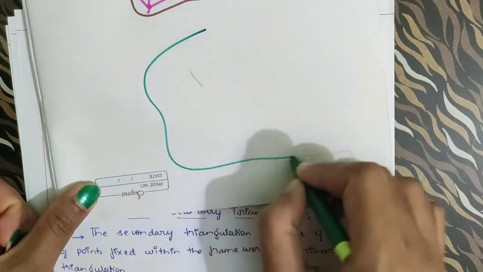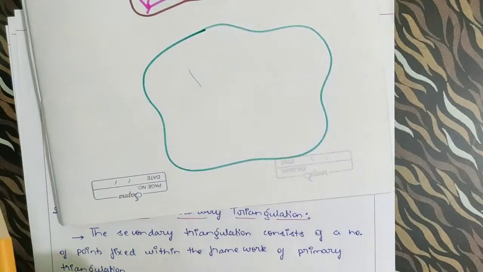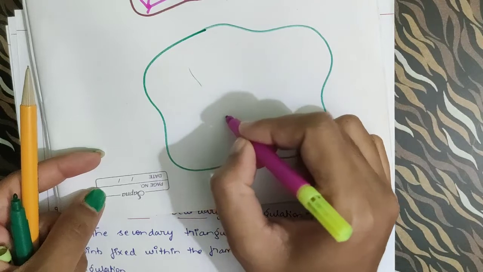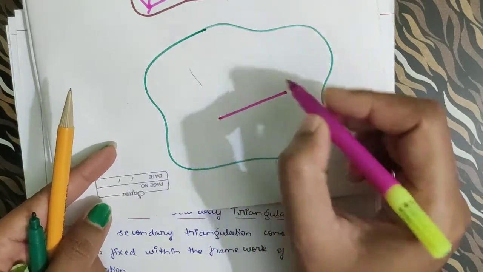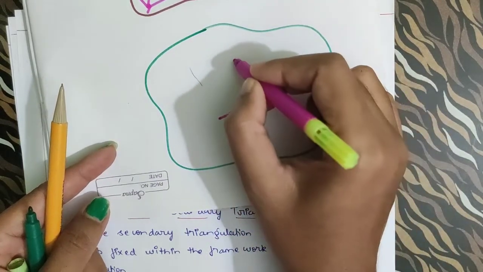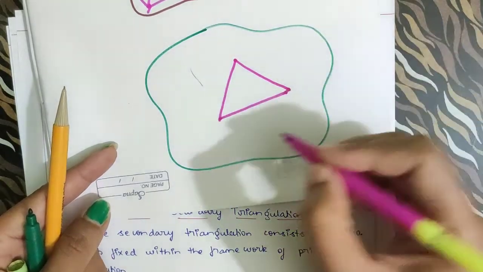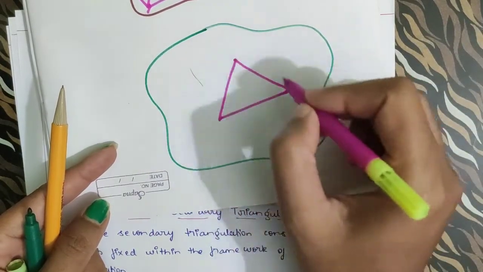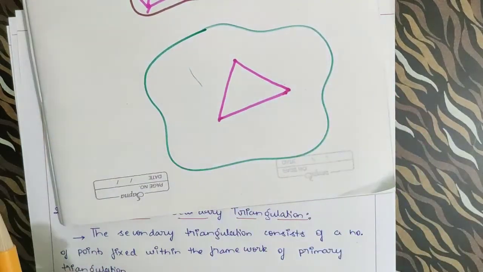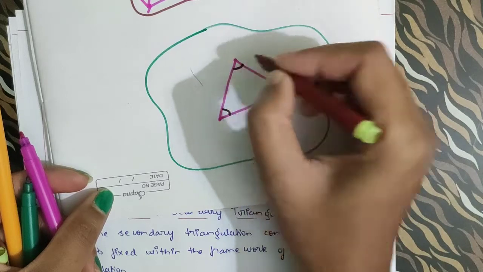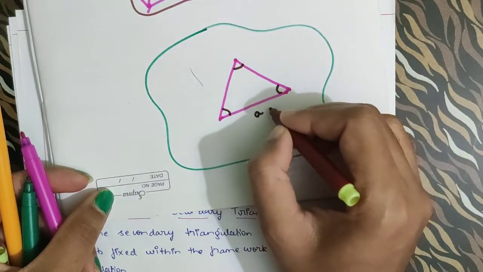Suppose this is your area for surveying, and this is the baseline and this is the one point you have chosen. Then these are the apexes and this is your triangulation figure. Here you know all the angles, and the length of the baseline, say A.